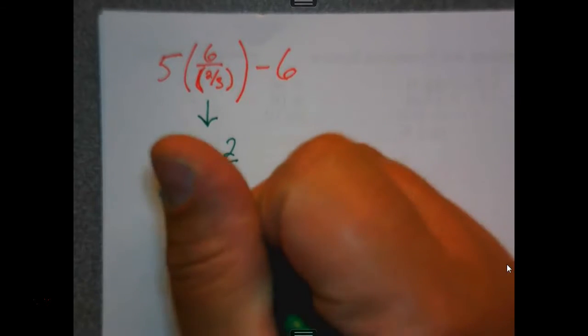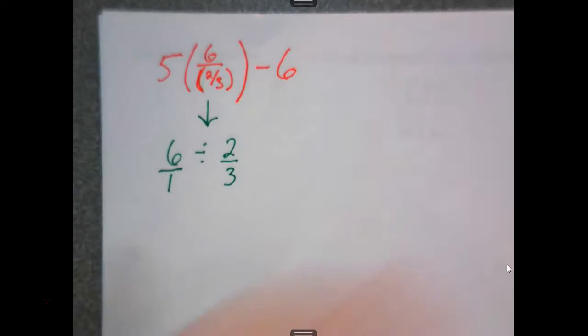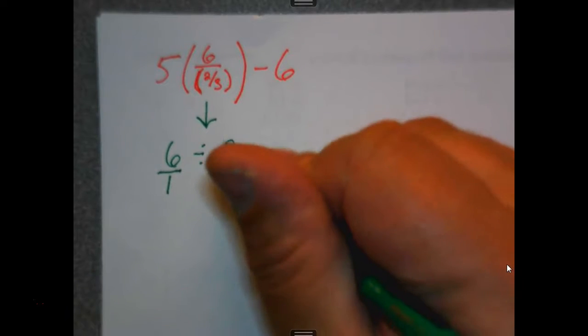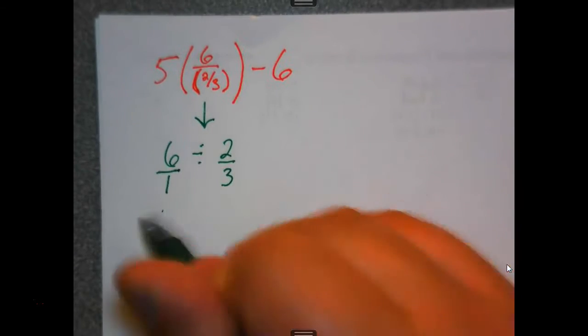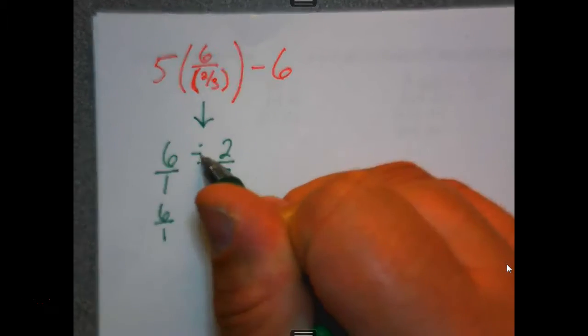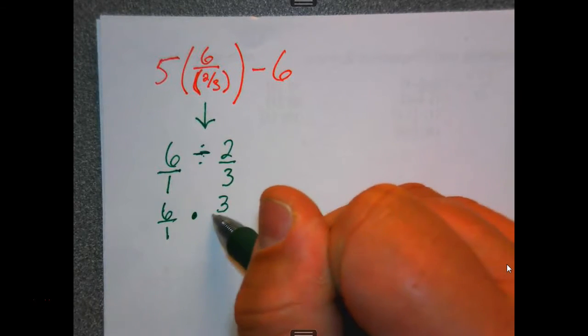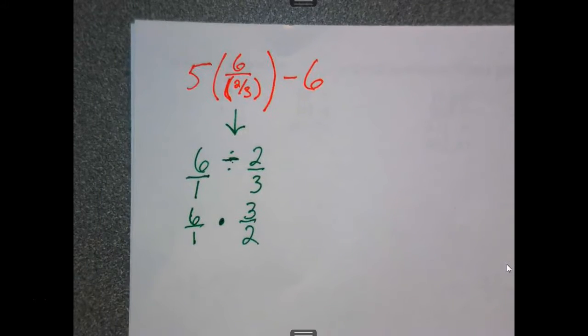Put the 1 under 6. Good. We're going to change this to a fraction. How do I divide a fraction by a fraction? Yep. I got to flip this guy. Okay. So I have 6 over 1. Change that to multiplication, and then flip this guy.